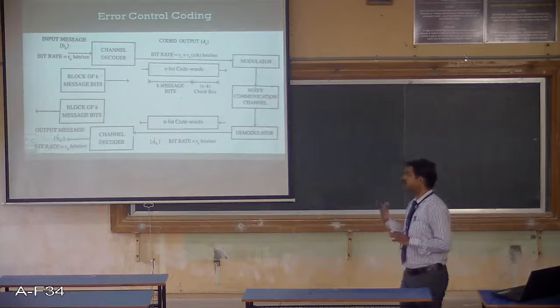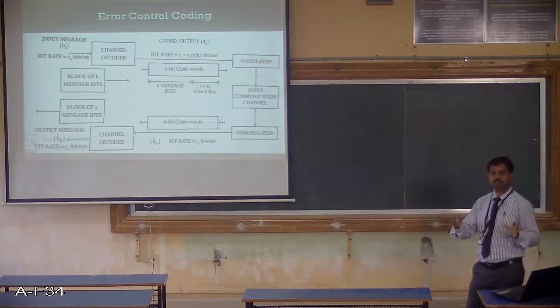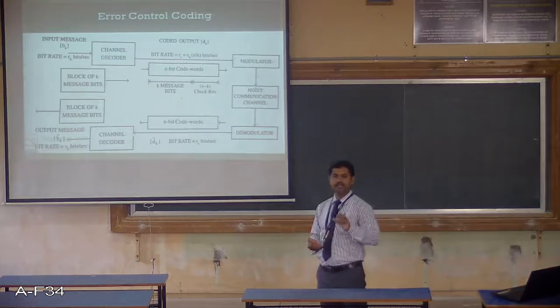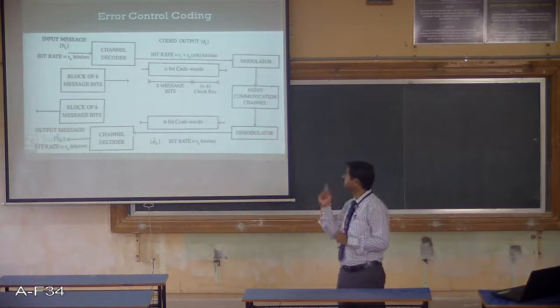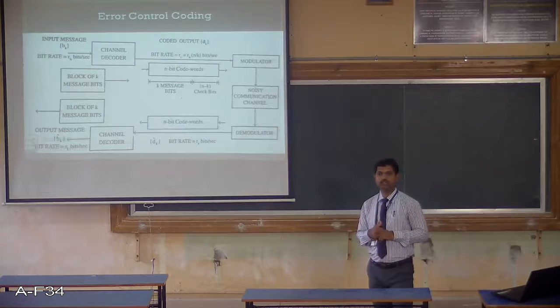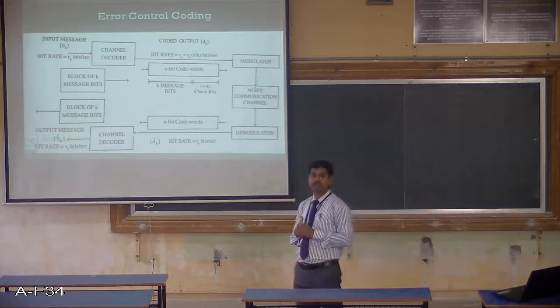If you look at the communication block diagram, in the existing digital communication system we have slightly added some more functionality. The information is generated from the source as usual at a certain rate, which we call R_B bits per second.